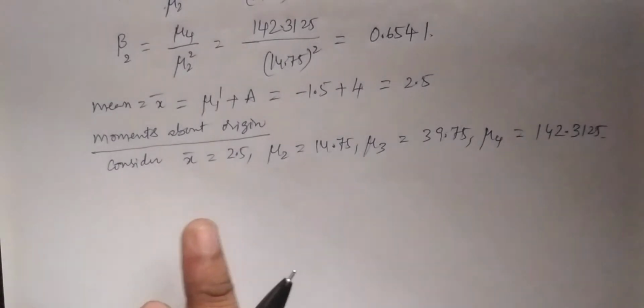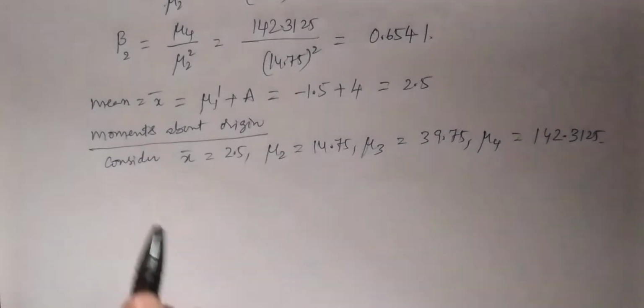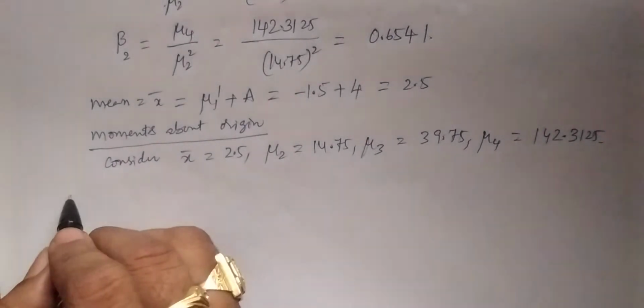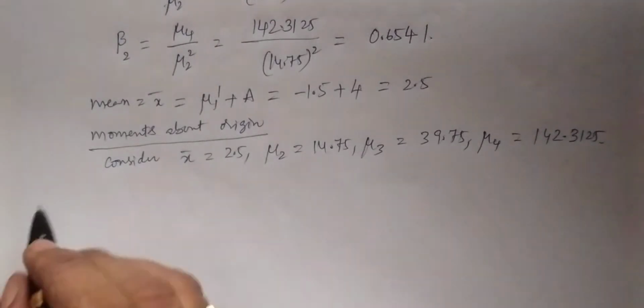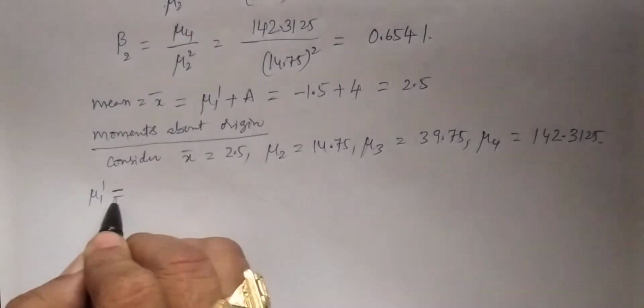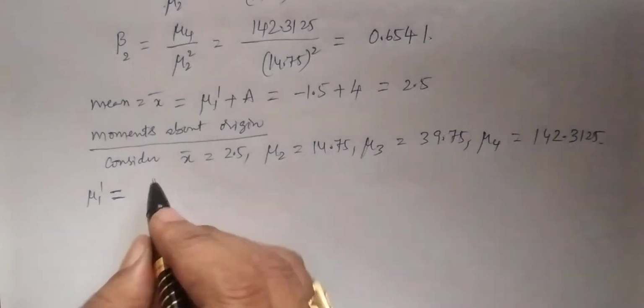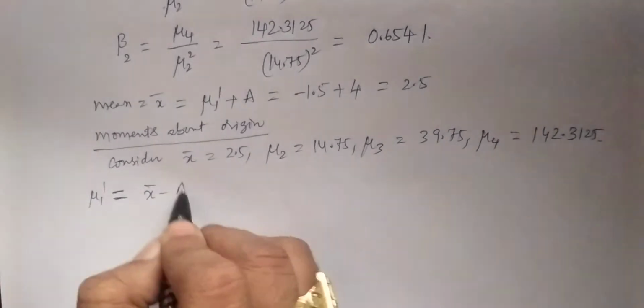Now I am using non-central moments in terms of the central moments. Remember, non-central moments in terms of the central moments, which means first of all I am calculating mu1 dash. For which we use another formula: mu1 dash is equal to x bar minus a.